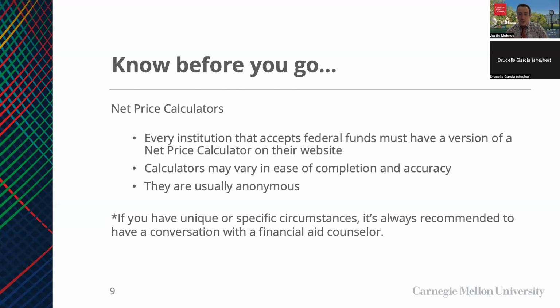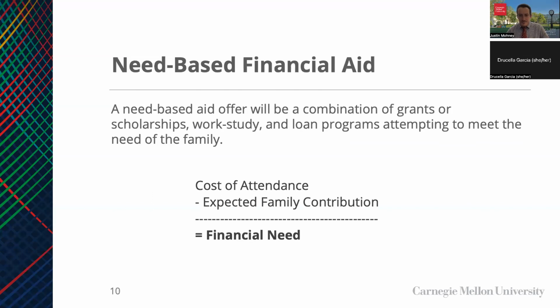One thing that I do want to note is that these net price calculators are asking the most common questions and data points that drive aid eligibility, but what they might not account for are some special circumstances out there, like if you're experiencing a reduction in your income, or if you have significant unreimbursed medical expenses. It's always recommended to have a conversation directly with the college or university if you're experiencing these types of circumstances, because they may not be accounted for in that net price calculator.